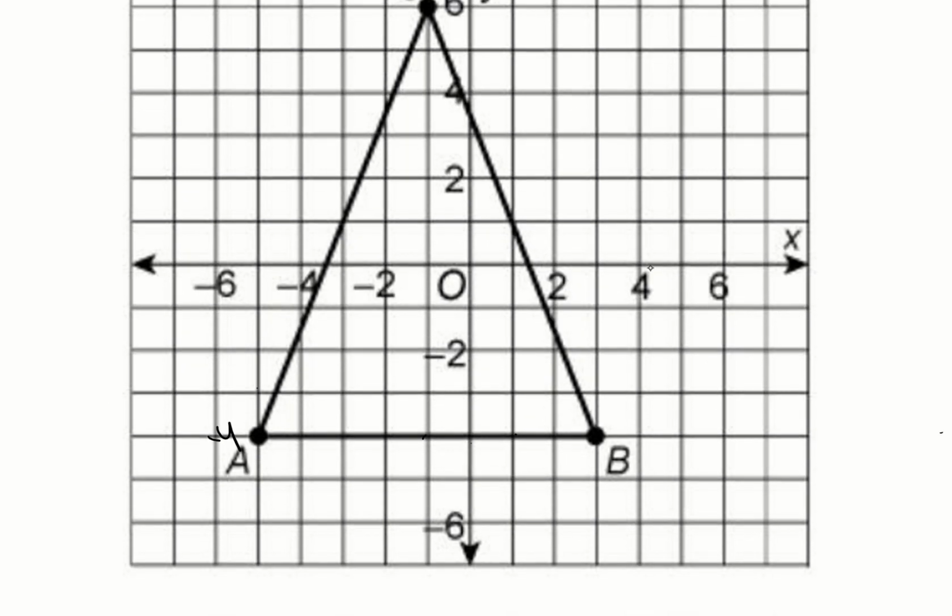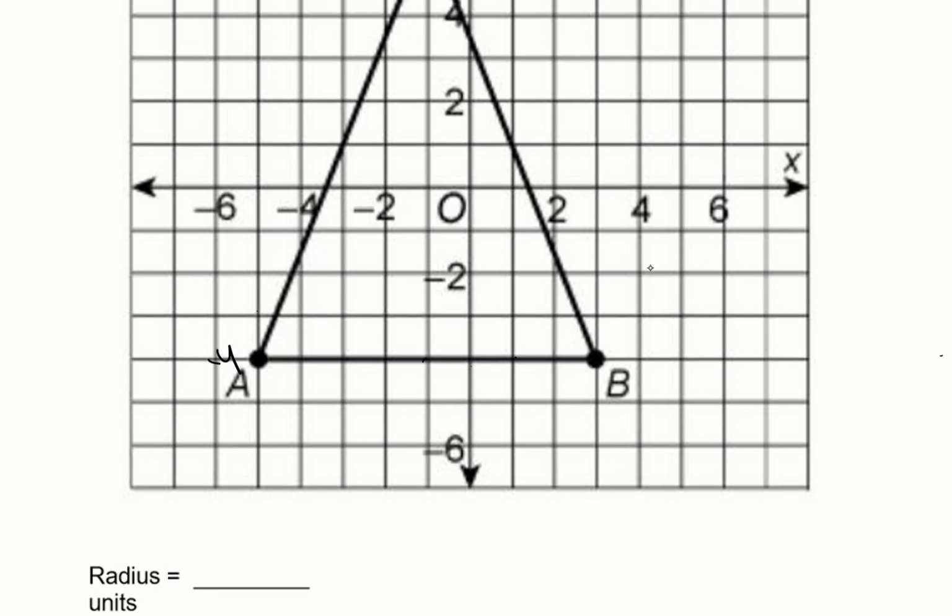All right, let's go ahead and find the perpendicular bisectors. So let's do the perpendicular bisector of this line first. So we need to find the halfway point of that line. The x-coordinate of this A is -5. The x-coordinate of this B is 3. So what's halfway between -5 and 3?